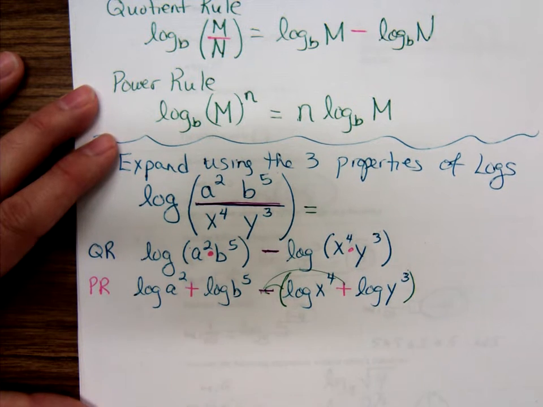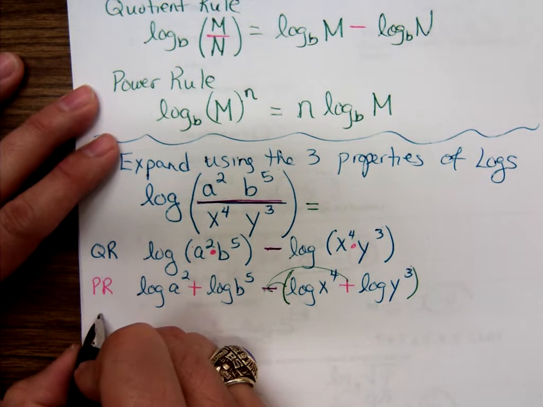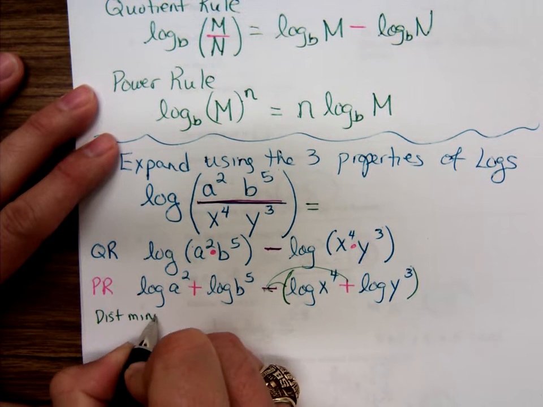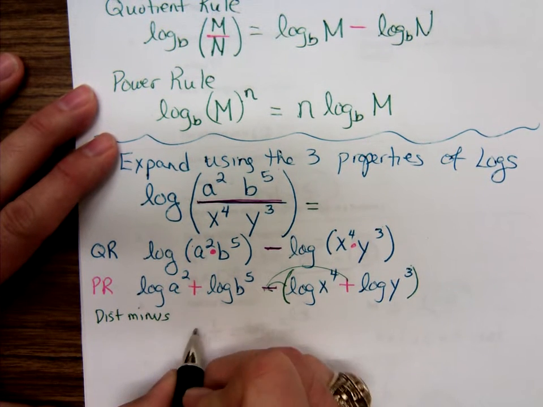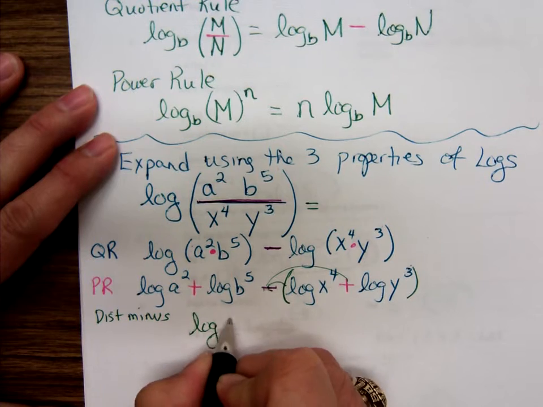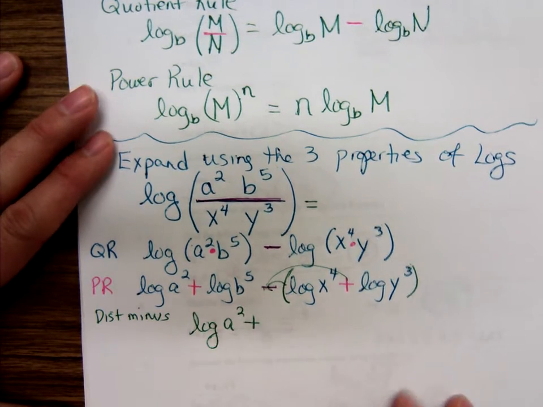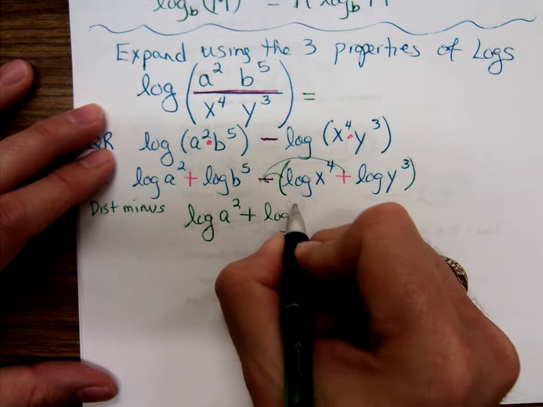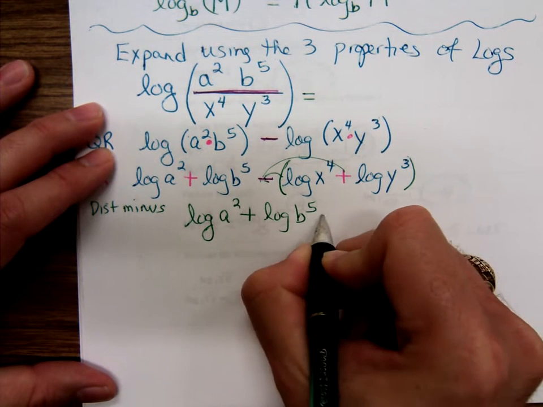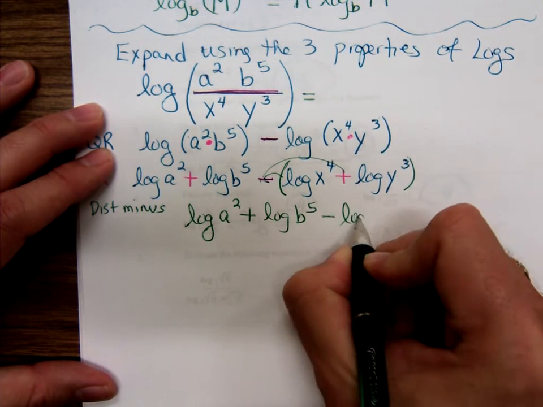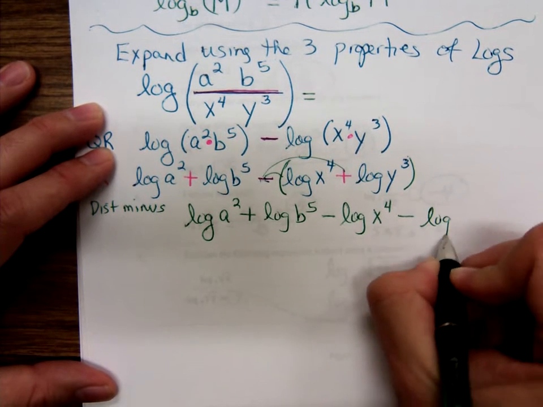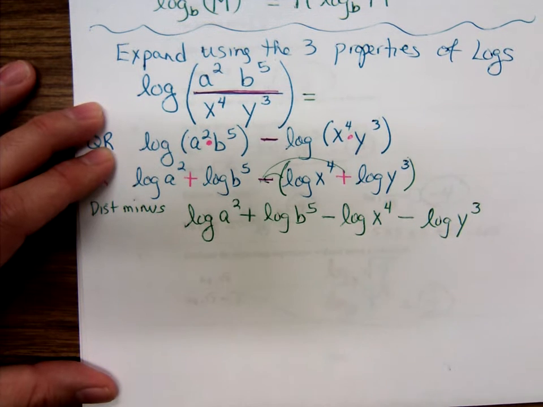Distribute the minus. So that's the next thing I'm going to do. Distribute minus. So we have log a squared plus log b to the fifth, then a minus log x to the fourth, and a minus log y to the third.